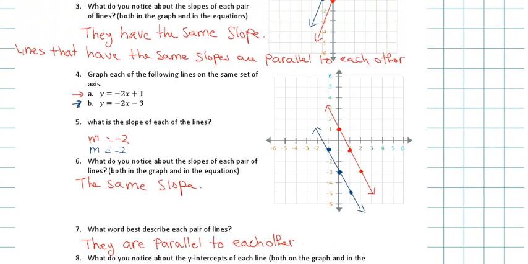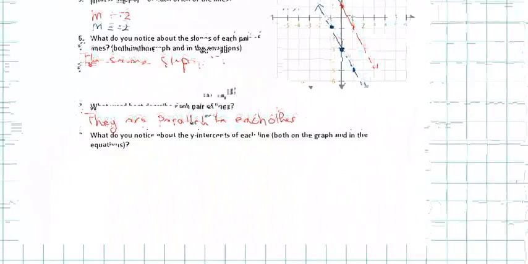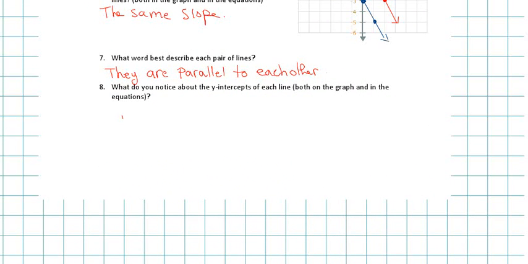So they have different y-intercepts. Different slope, different y-intercept.